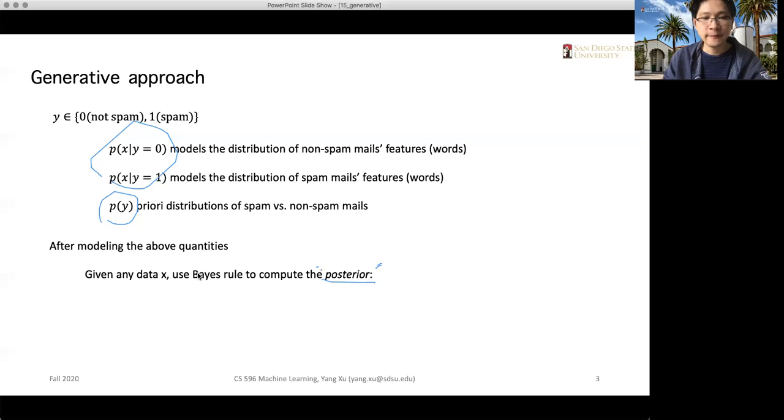So this time we need to compute the posterior of a new email, which is the conditional probability of y given x, where x is the email, by multiplying this conditional probability, x given y, and the prior p of y, divided by the probability of x. And that is the Bayesian rule. And we can use this to find the most likely prediction for that new input email x.